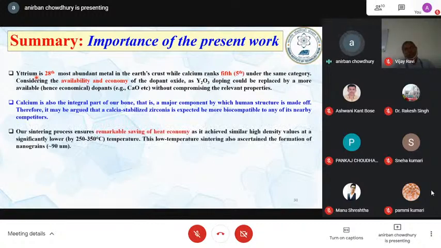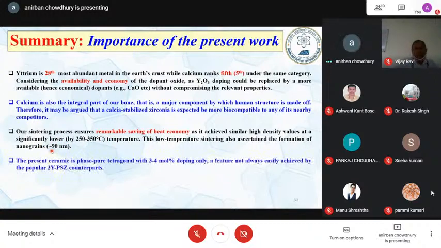Third is our process, that is ensuring 250 to 350 degrees of heat economy. Now take it to the industry and ask them what these 350 degrees of heat economy mean to them. Crores of money. And that too ensuring a full densification at low grain size, below 100 nanometers.